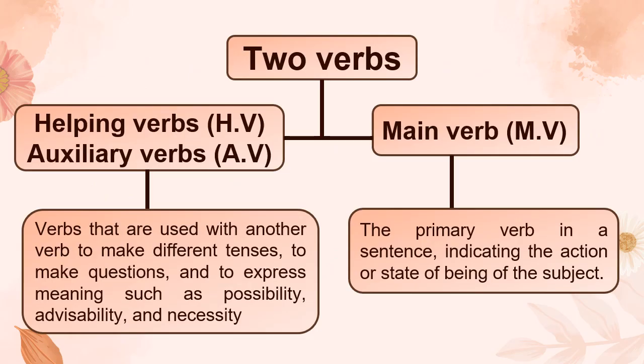There are two types of verbs in the present perfect progressive tense. They are helping verbs or HV or auxiliary verbs or AV.